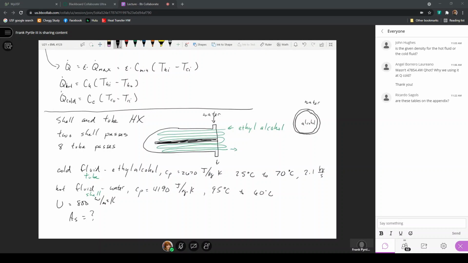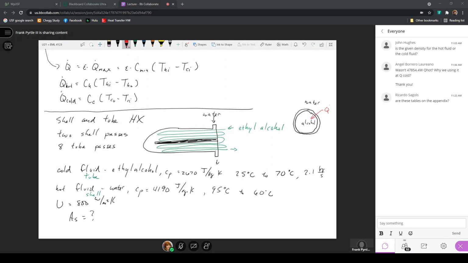Well, the perimeter on the inside of the pipe and the perimeter on the outside of the pipe are the same, or essentially the same, because all the heat transfer would occur along this entire length of the tube that is inside of the shell, where we have water and ethyl alcohol, such that heat is being transferred from the water into the alcohol to heat the alcohol.